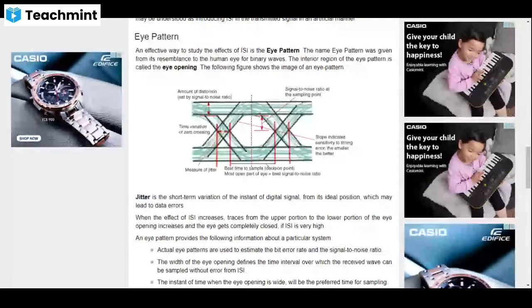It can indicate the best point for sampling, indicates the amount of jitter and distortion, and additionally shows the margin over the noise.